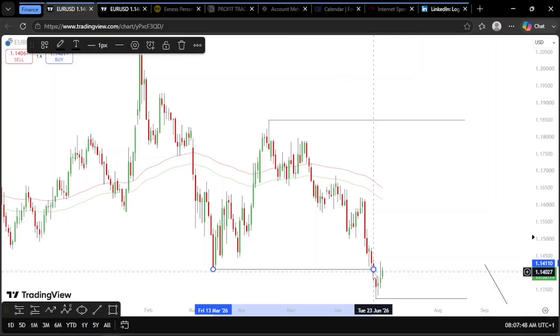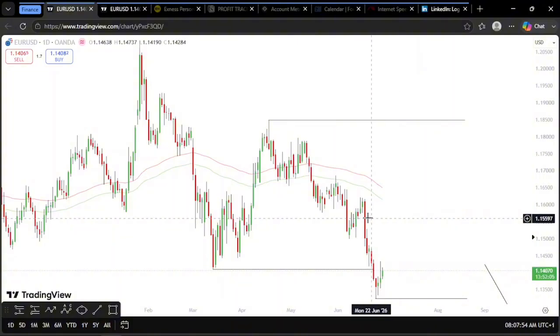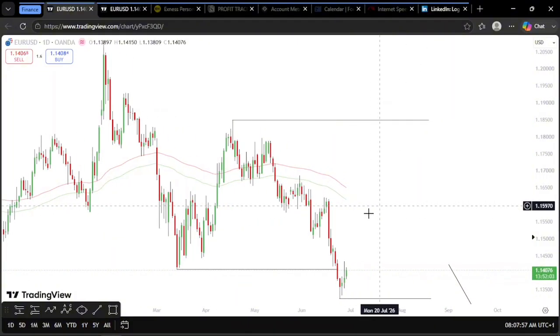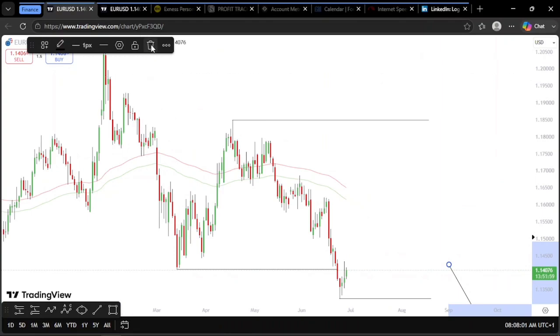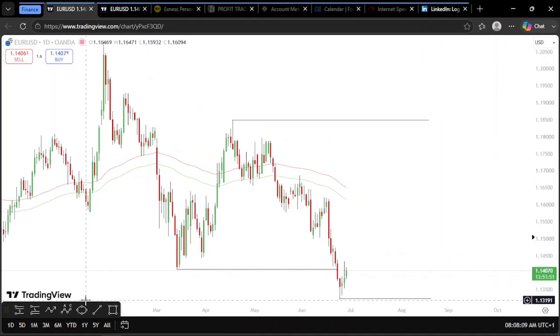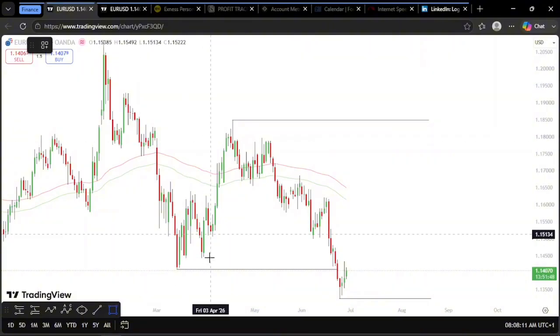Yeah, sorry, this was our recent break of structure on the daily time frame. So what I'll be looking at right now on the daily time frame would be for price to actually come to a POI zone, and with the look of things, I can see we have one here.